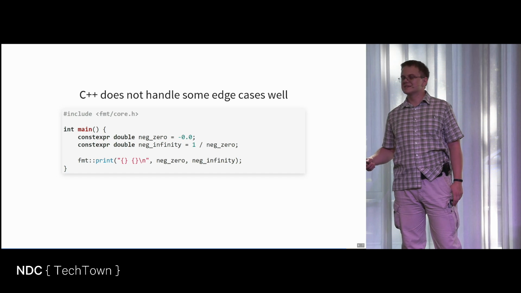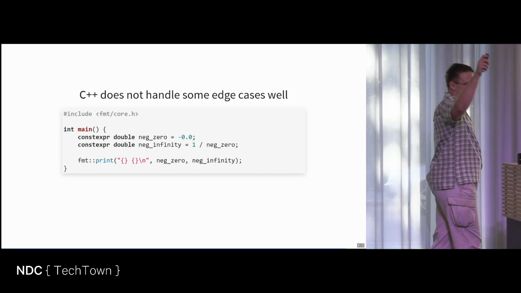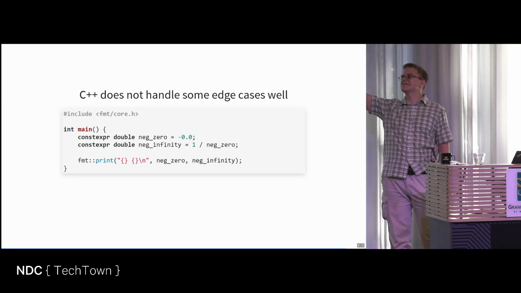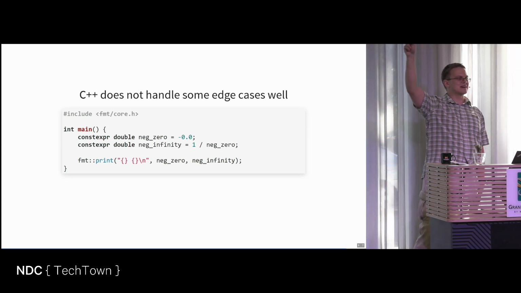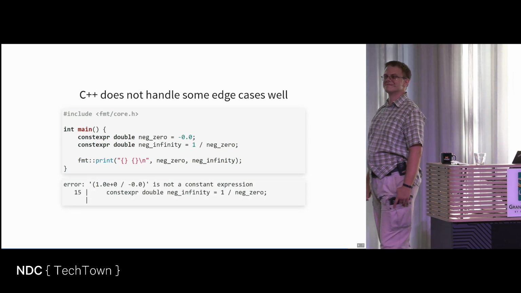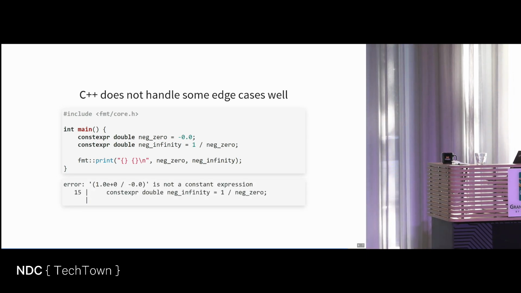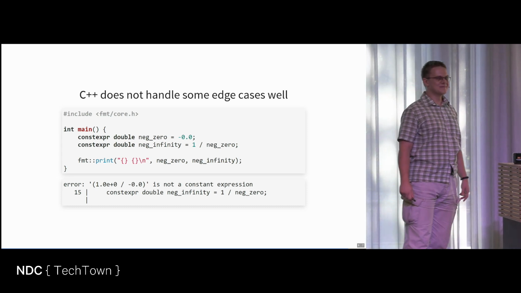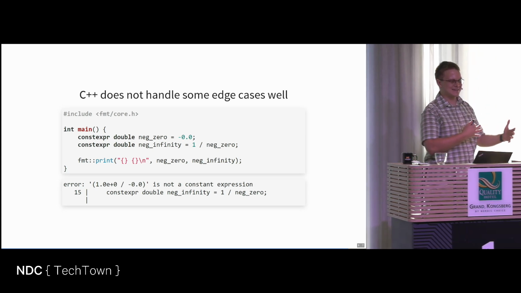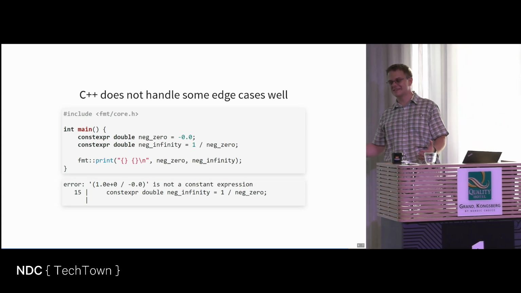Who here thinks that this will print negative 0, negative infinity? Positive 0, positive infinity? We have a couple of takers. Compilation error. Because you can't divide by 0 at compile time, even though you are in floating point, where this is fine. This is something you can do. It should just give you infinity.